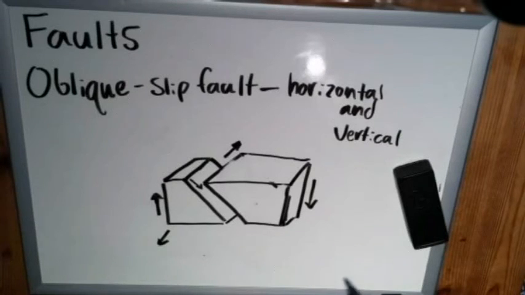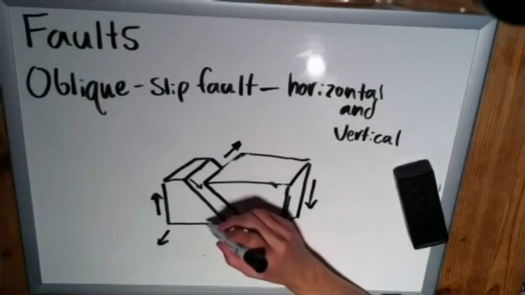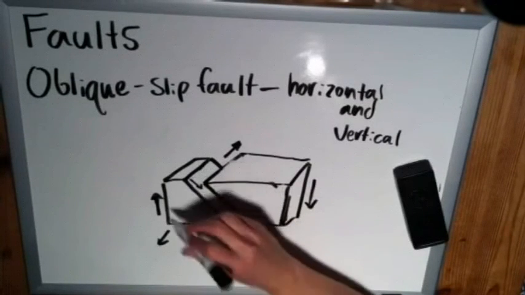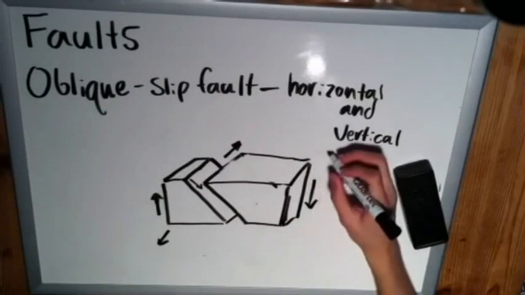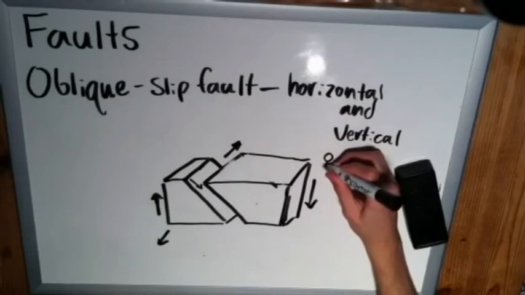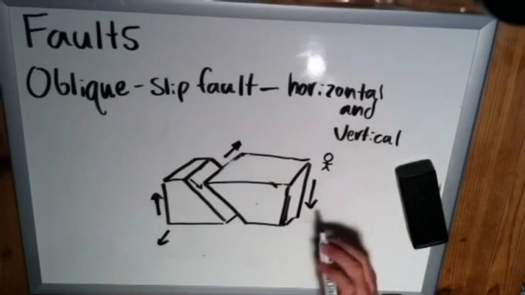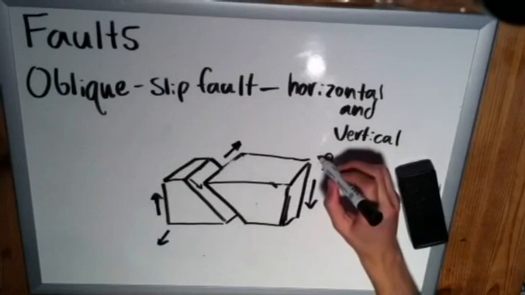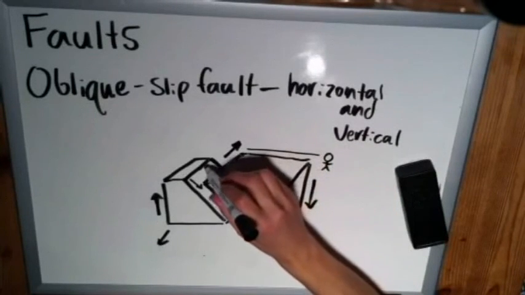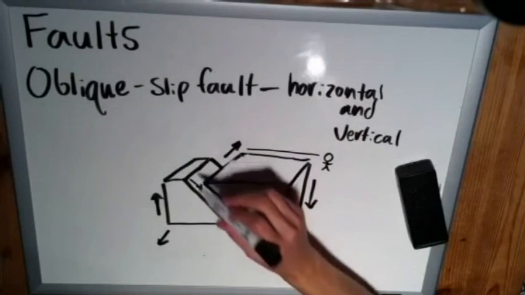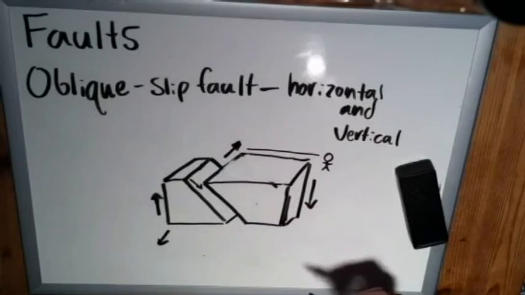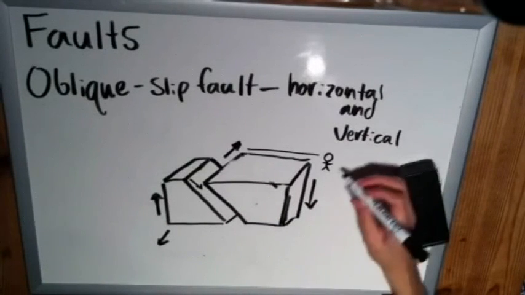So we could say that relative to the start, the footwall was upthrown, because you see that going up here. And if we imagine a person standing here, somewhere off on a piece of land, well, they're looking this way, and this piece has moved to their left.